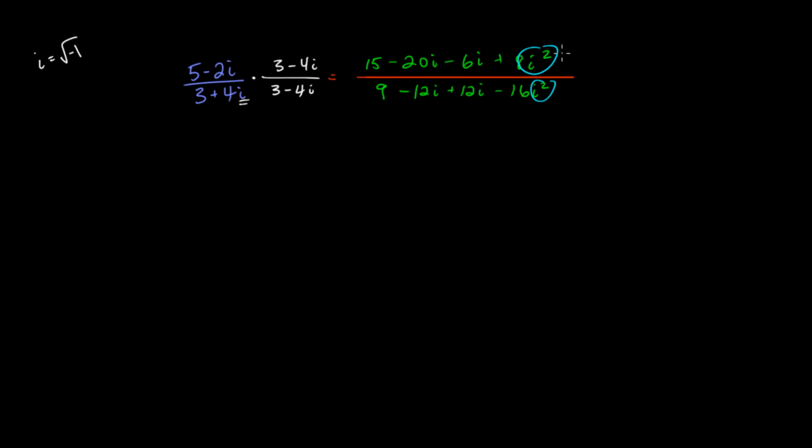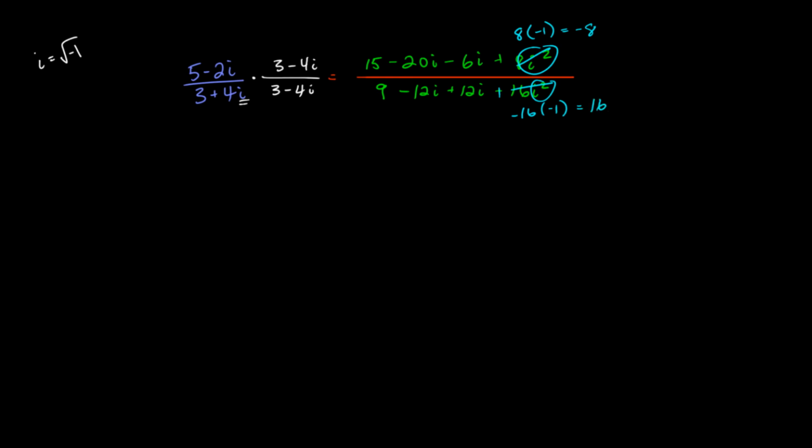So we know that those are both equal to negative 1. So this term up here is 8 times negative 1, so we can rewrite it as that. And then this is going to be negative 16 times negative 1. So we can rewrite it as this. And so if we want to simplify like terms, this is going to turn out to be negative 8. This is going to turn out to be positive 16.